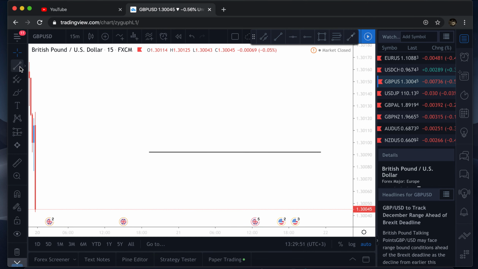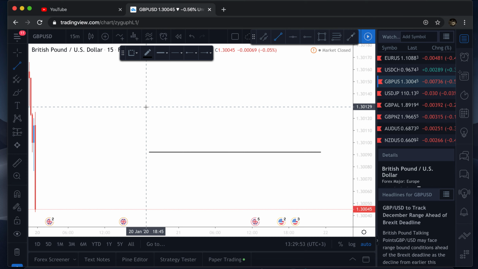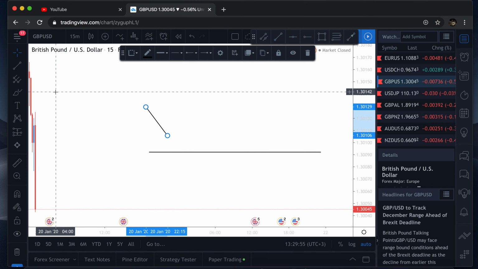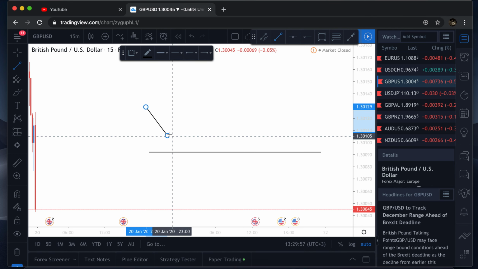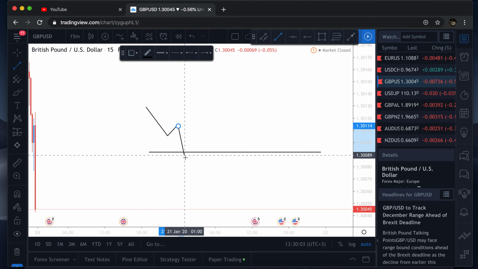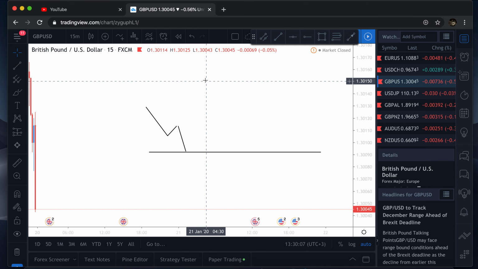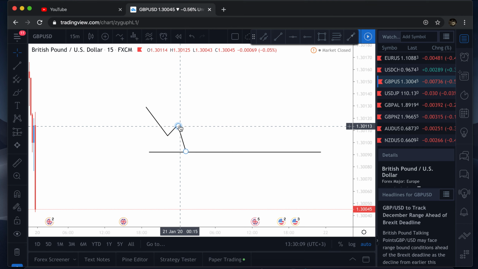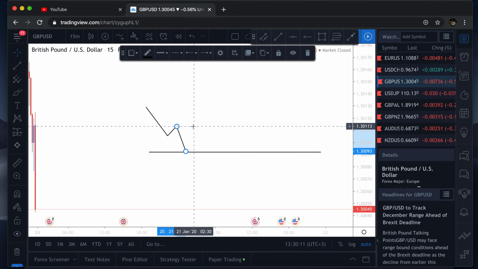For example, you'll see the price coming down. The price is going to move like this, and touches the support, sometimes goes even lower. My OCD is kicking in, I have to be perfect with my drawing.